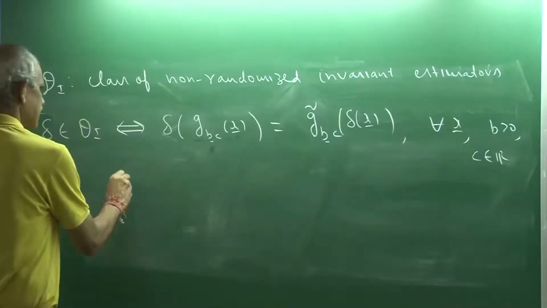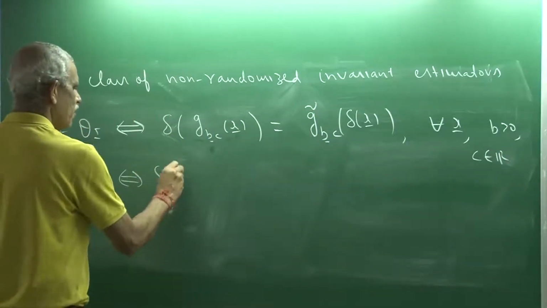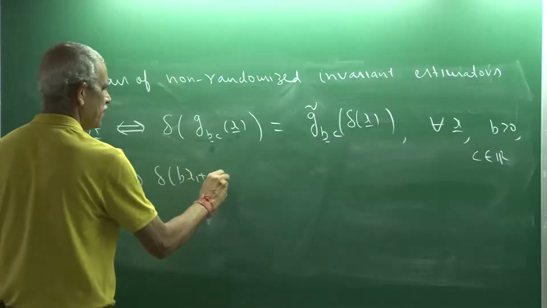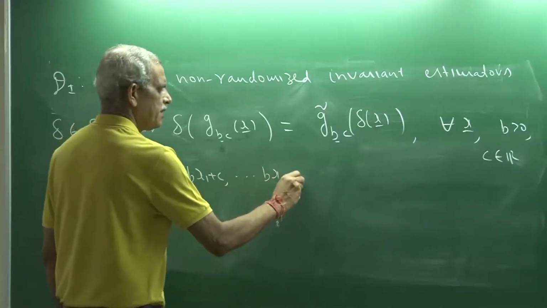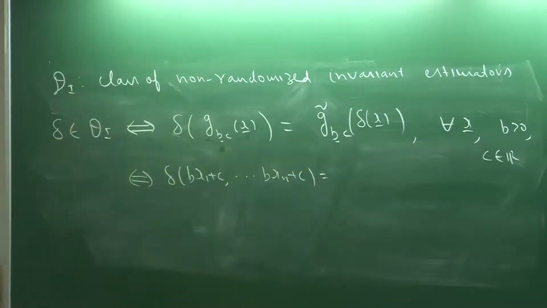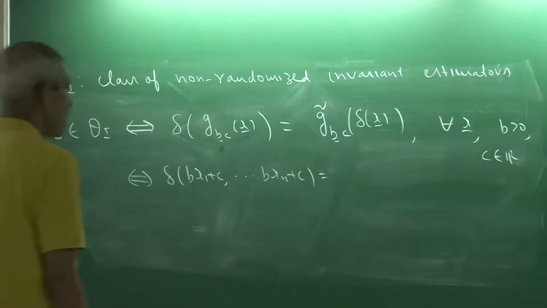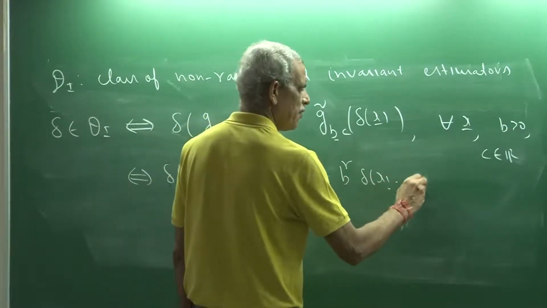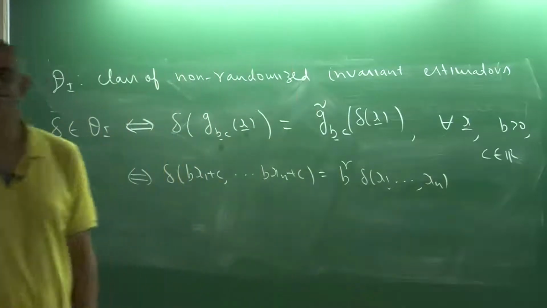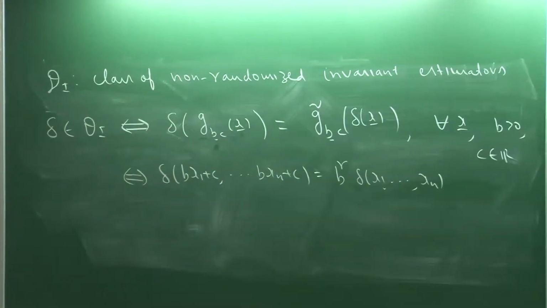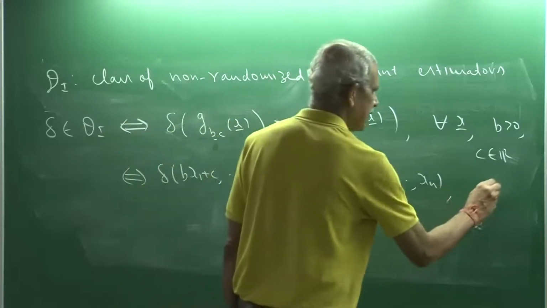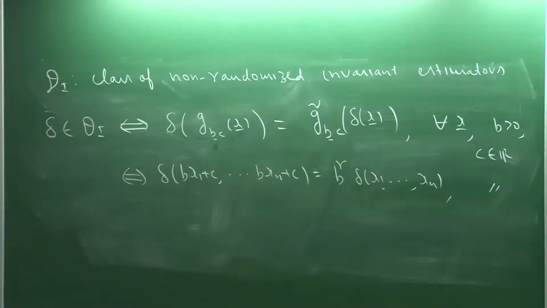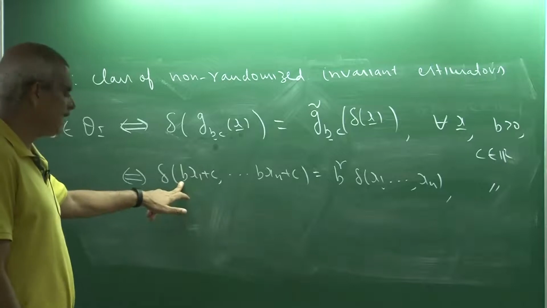So what does that say? This is equivalent to saying that delta of b x1 plus c, ..., b xn plus c is nothing but b to the power r times delta of x1, x2, ..., xn, for every x, for every b positive, and for every c belonging to R. So first thing it suggests is, I take b to be 1.